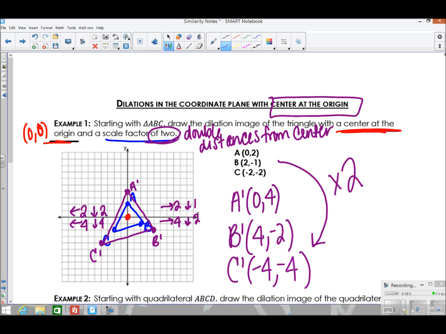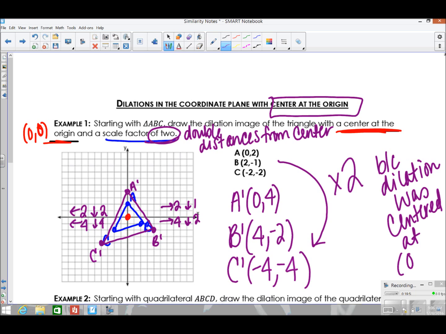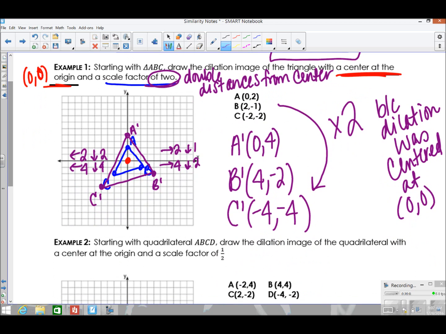So you can just multiply by 2 because the dilation was centered at the origin. And it's because your coordinates are really like your distances when it's centered at the origin. So let's look at the next one here, example 2.